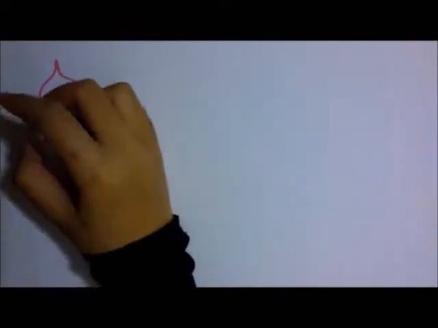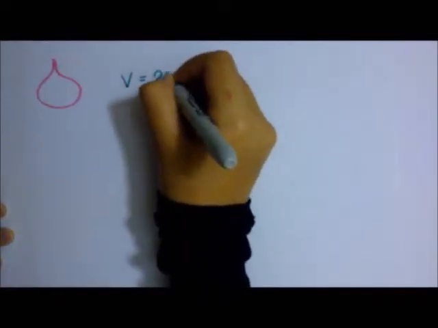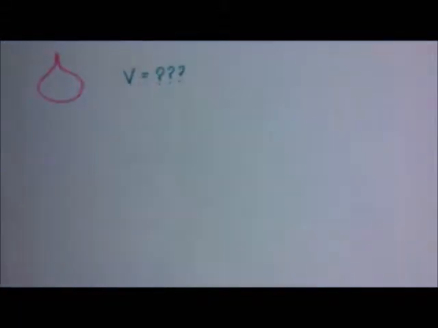What if we are given an onion and we are asked to find its volume? How can we do that?